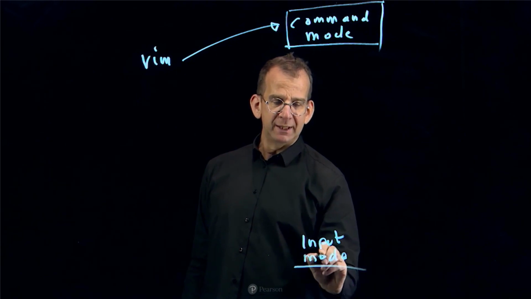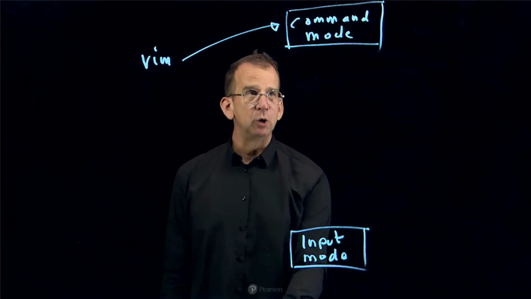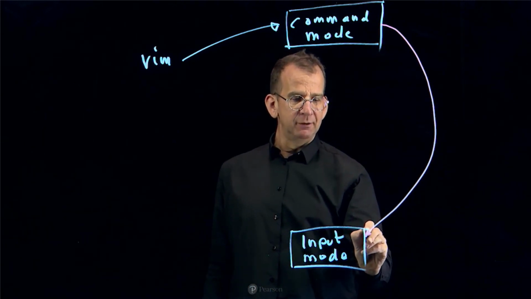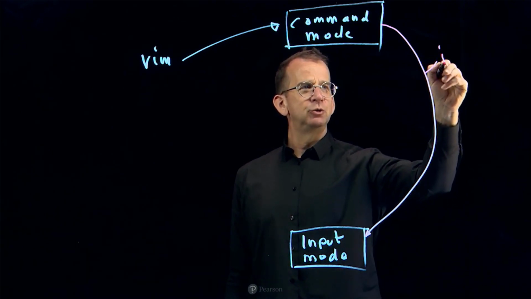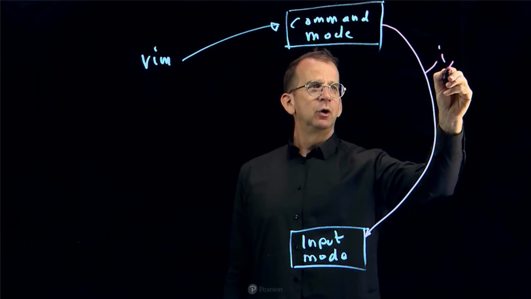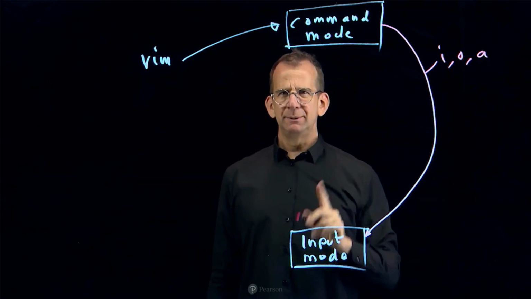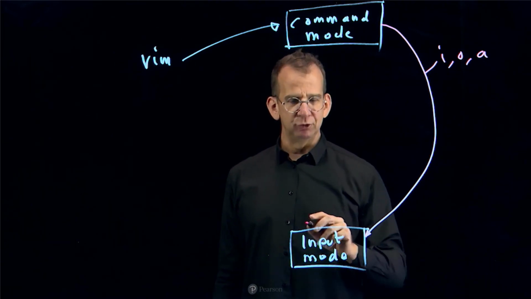Now that already is giving you one problem. When you start Vi, how do you get from command mode into input mode? Well, that is very simple. There are in fact multiple ways of doing that. Just to mention a few of them, you can use i for insert, or o for open a new line, or a for append. Now let me just stop here because I'm not even done listing the different ways.